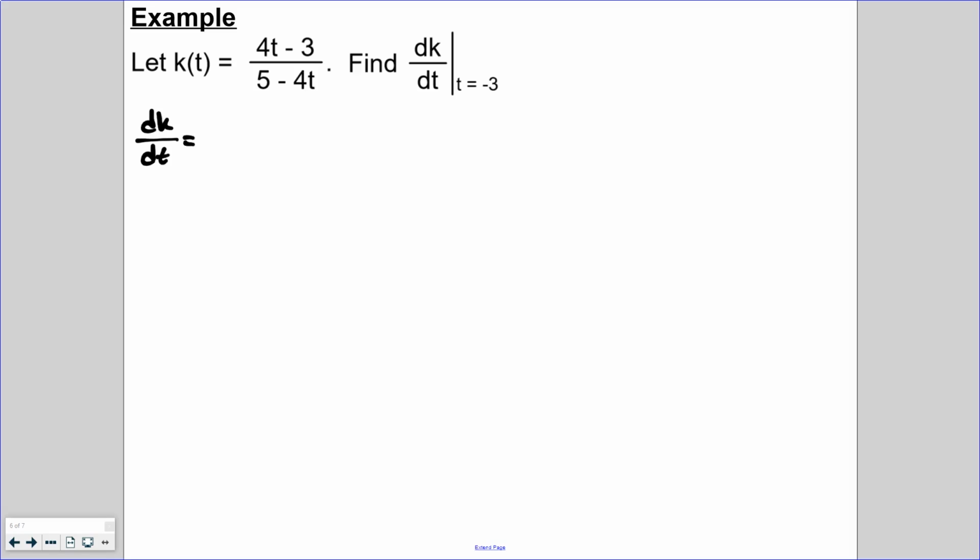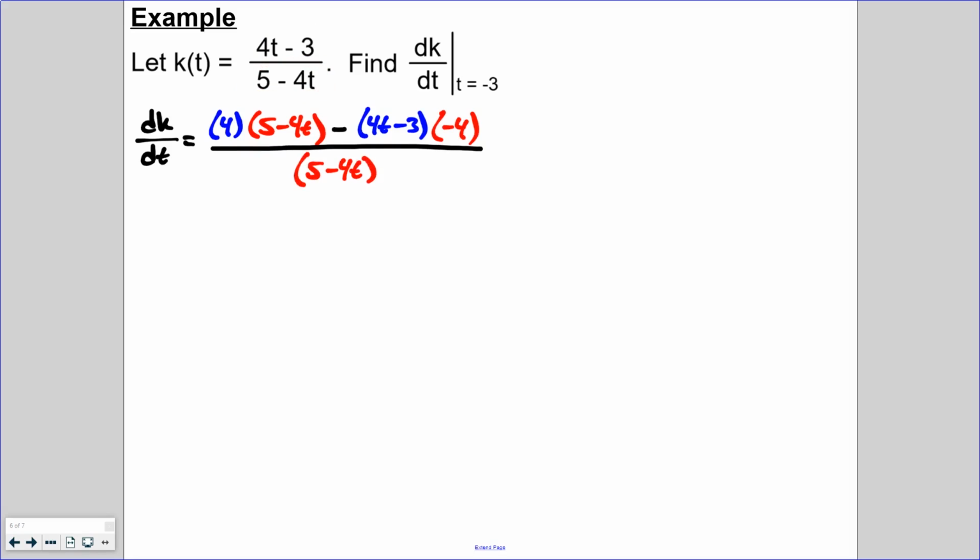And the derivative of k is the derivative of the top, so the derivative of 4t minus 3, which is 4, and then times the bottom, which is 5 minus 4t, and subtract the top, which is just 4t minus 3, times the derivative of the bottom, which is negative 4. And that's all going to be over the bottom squared, 5 minus 4t squared.